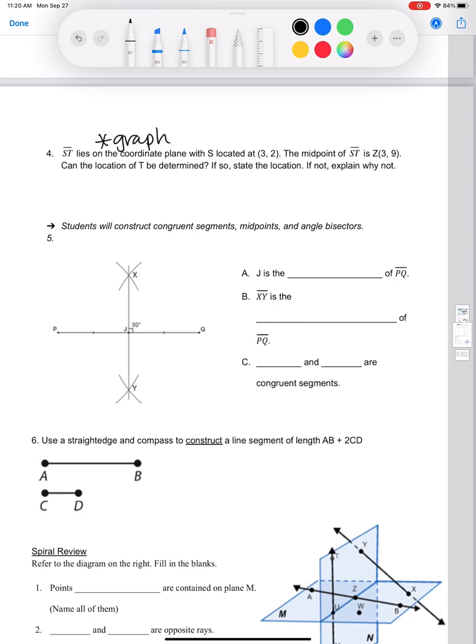But in this problem, it is a bit different because we are given the midpoint of ST, which is Z at (3, 9). So we're actually not given the other endpoint, we're given the midpoint. And we're asked for the location of T, which is the other endpoint.